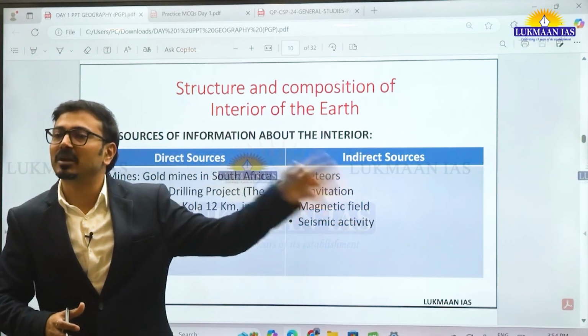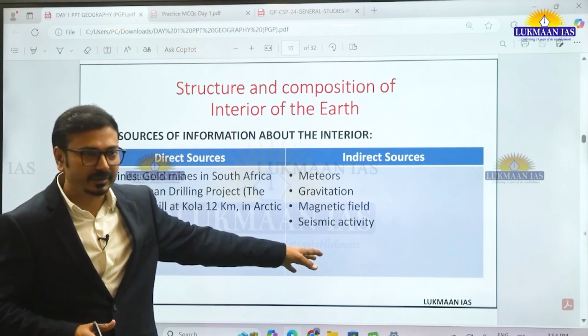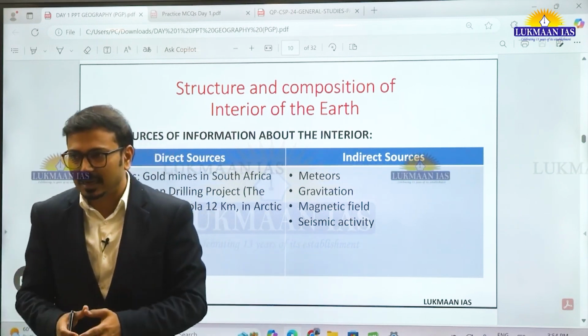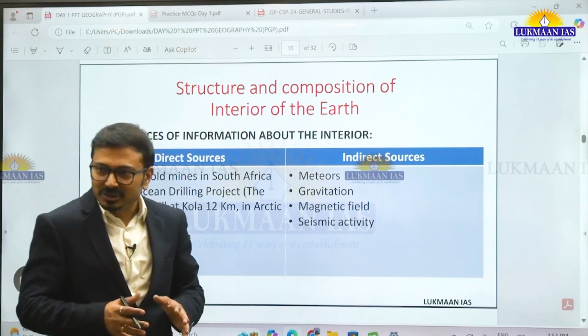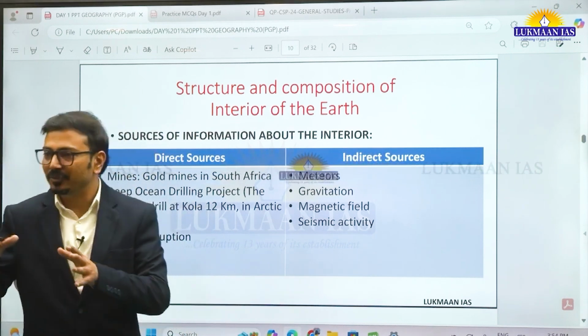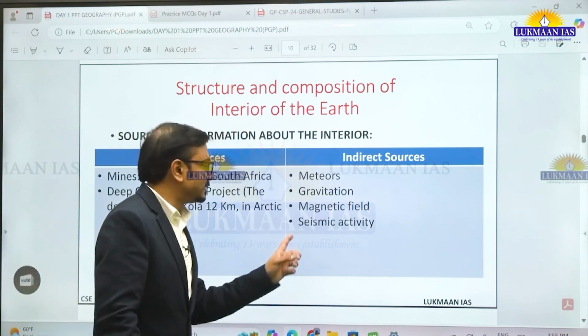It could be normal polarity, it could be reverse polarity. We will learn that in geomagnetism. But this has helped us to understand in which layer the magnetic material is concentrated. But the most prominent one is seismic activity.